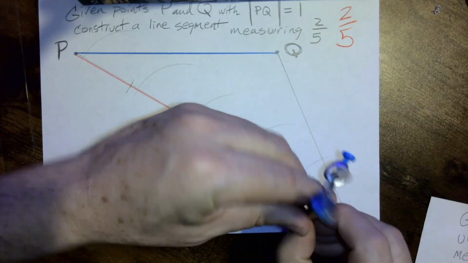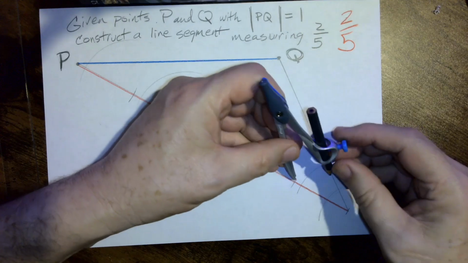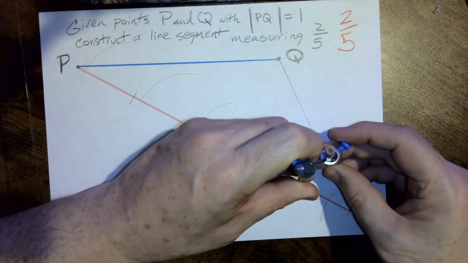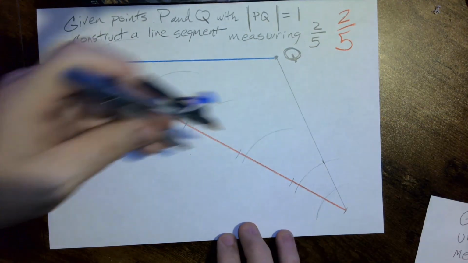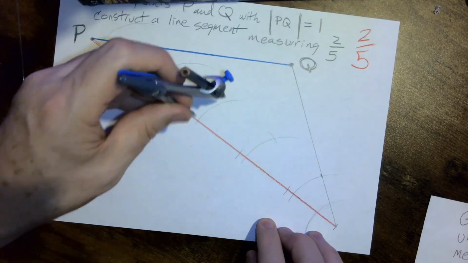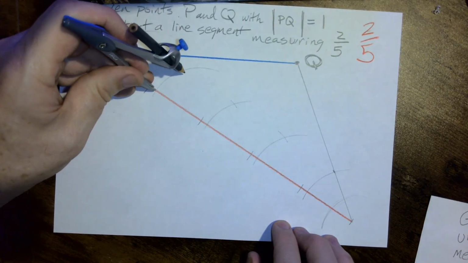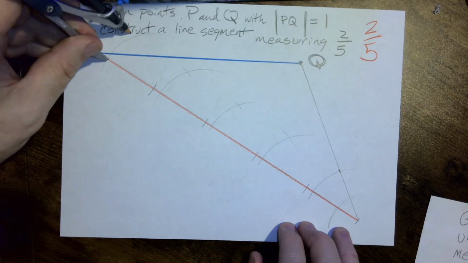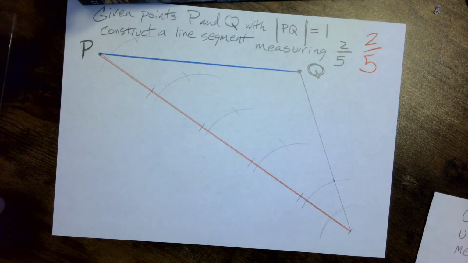I've just got to get this distance from this original angle that I'm copying. Once I know that distance, I come over here and mark that distance there, mark it here, mark it here. Okay, those are the points I need.